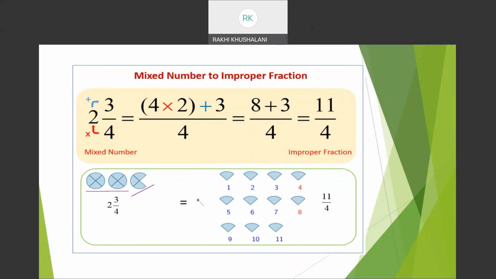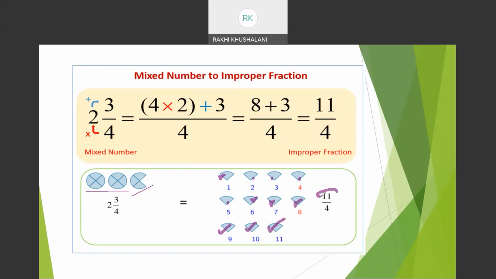Now, if I physically sit and count the number of pieces, so 1, 2, 3, 4. Okay, this is your 1 whole complete. 5, 6. See, I've been telling you, the denominator has got its limitation. It cannot change. How many pieces has one whole been divided into? 4 pieces. 6, 7, 8, 9, 10, 11.